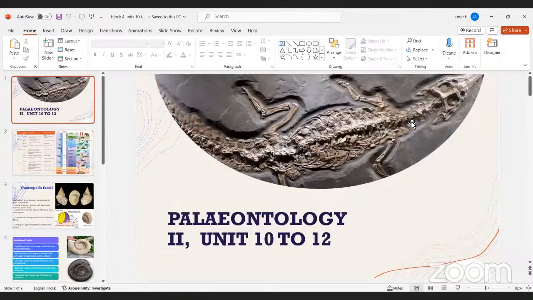So Indian Geology Part 1, Indian Geology Part 2, Paleontology Part 1 and Paleontology Part 2 I have covered. The only balance syllabus is the geology of Andhra Pradesh and Telangana.